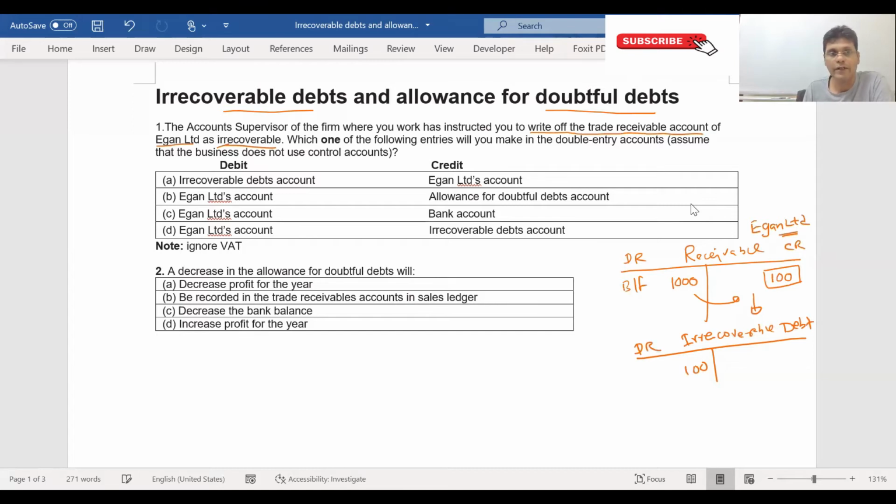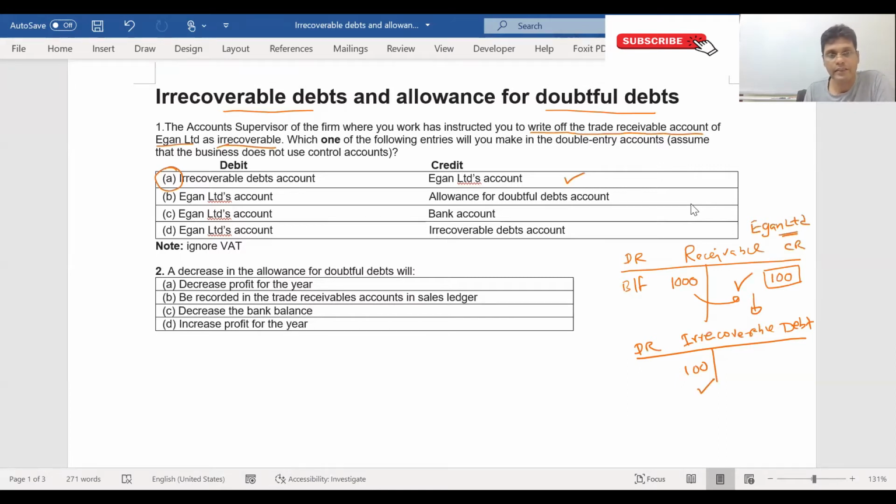So the double entry will be irrecoverable debt account debit and Egan Limited credit. Egan Limited's account should be credited. So this is the correct answer. Now let's move on to the second question.